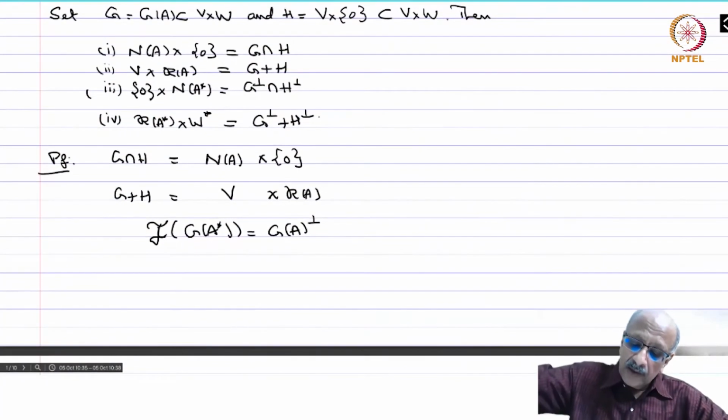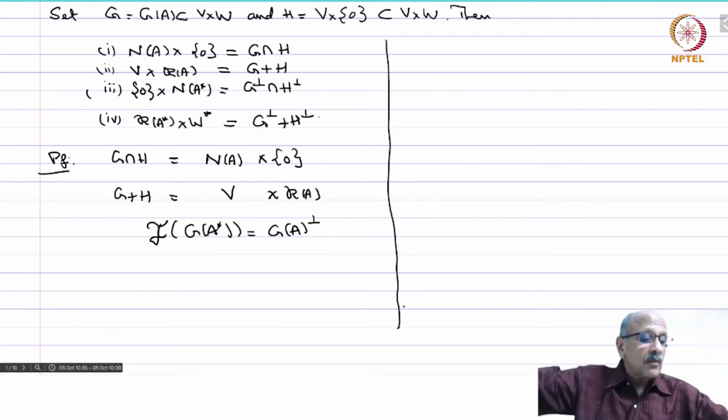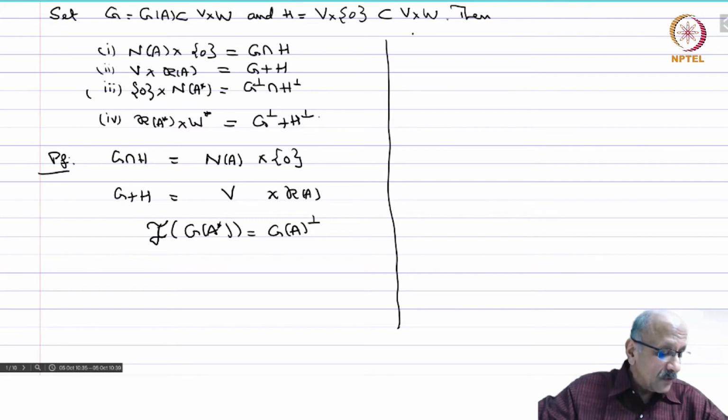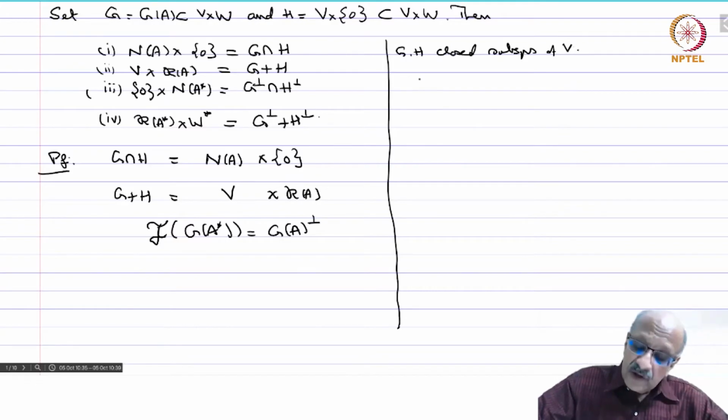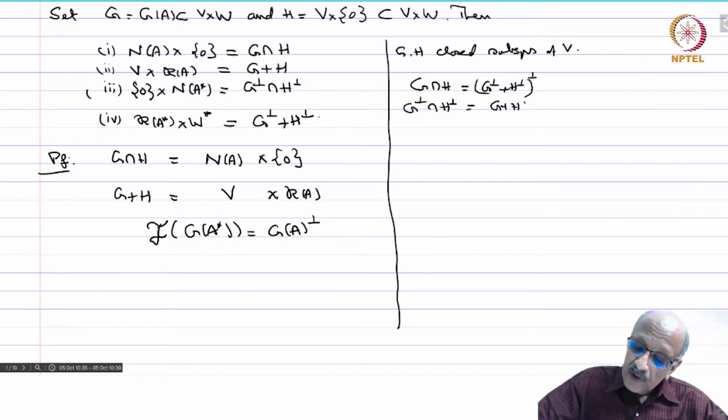While we are here, let me note down some of the old results which we will be using. If G and H are closed subspaces of a Banach space V, then you have G intersection H equals G perp plus H perp perp, and G perp intersection H perp equals G plus H perp.